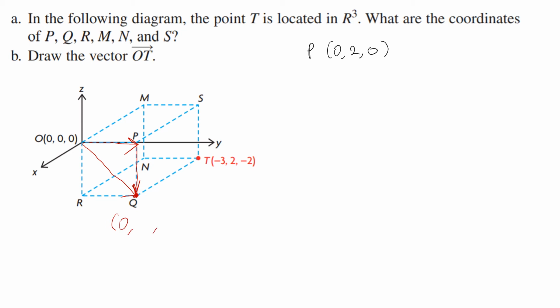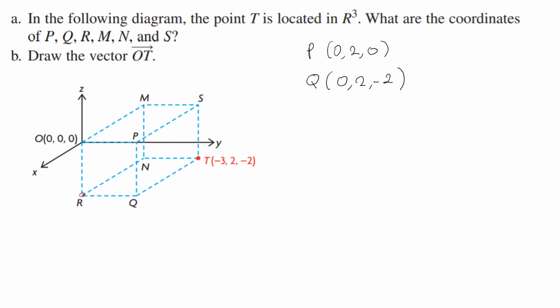Now I need to figure out my y and z. I know for y, just like P, because y is not going to change even if it's down. When it's down, the only thing that changes is the z value, okay? So in terms of y, they share these 4 points. So P, S, Q, and T share the same value. So the y value is 2 for me. Now in terms of z, Q and T are on the same level. So that means they also share the z value.